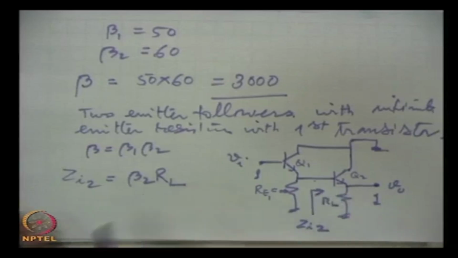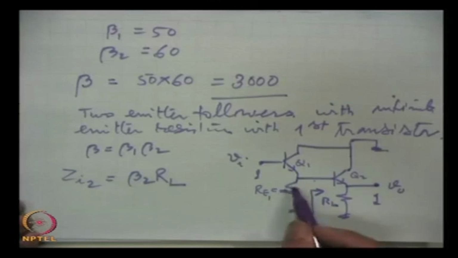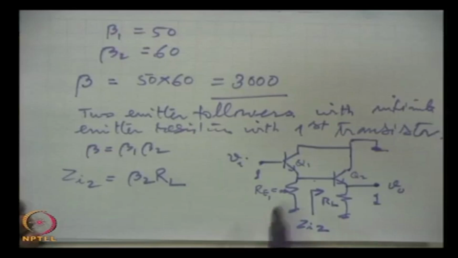So it is this, and this is in parallel with infinity, so the result will be simply ZI2. ZI2 is the load for the first stage, because the other is infinite resistance in parallel.